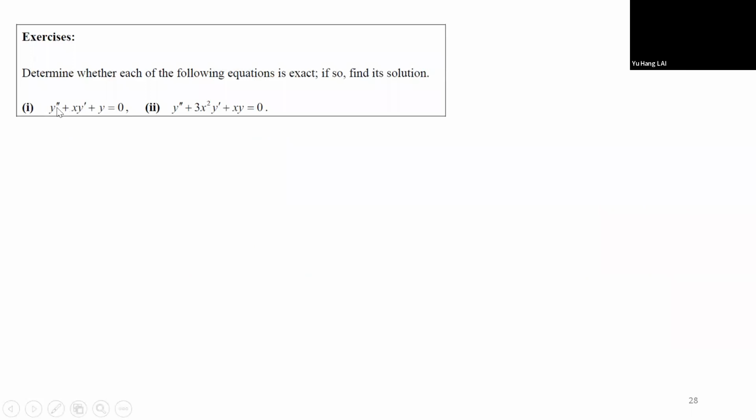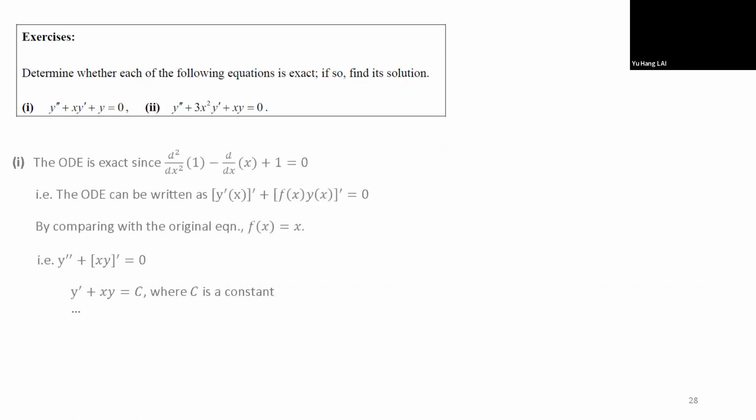So first example, y double prime plus x y prime plus y equals 0. This cannot be solved using the methods that we have learned, right? So then we see whether this equation is exact. So what do we test?